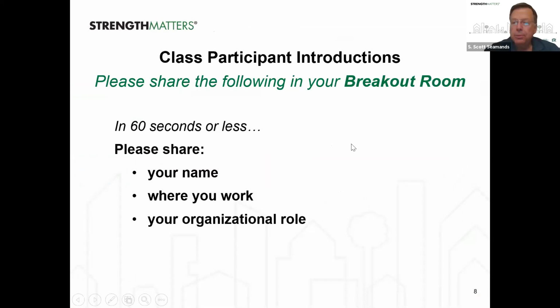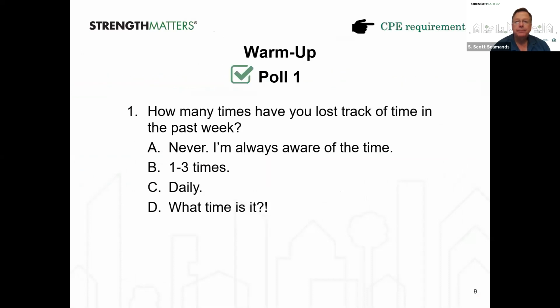Okay, I think we're all back in our main room. Got to meet a few more people this time. Once again, we're doing a soft warm-up poll just to get used to pressing the button on your keyboard. So Sophie, please launch the first poll. You need to complete these polls in order to get CPE credit for each session.